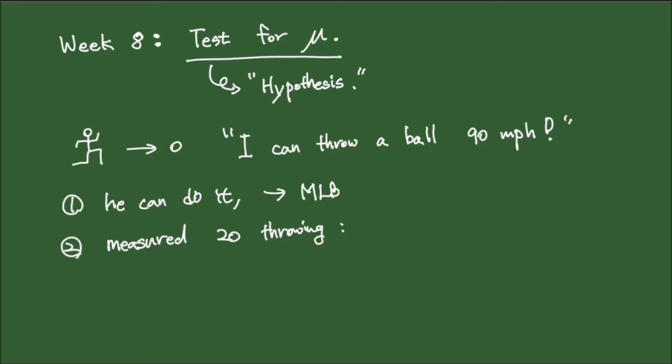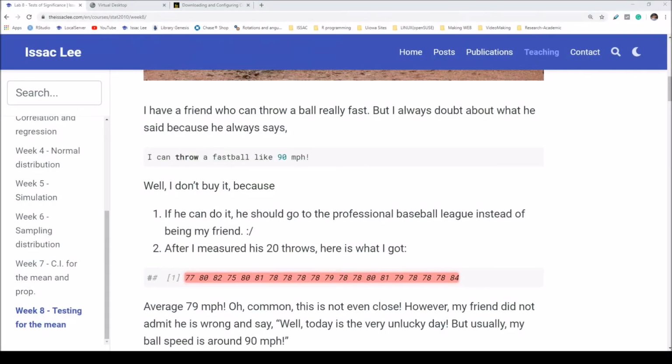Let me go to my website. So I got these 20 numbers. Okay, so I got 77, 80, 82, 79, 75, 80, 81. All of these are measured in miles per hour, and the first number means his first throw was 77 miles per hour.